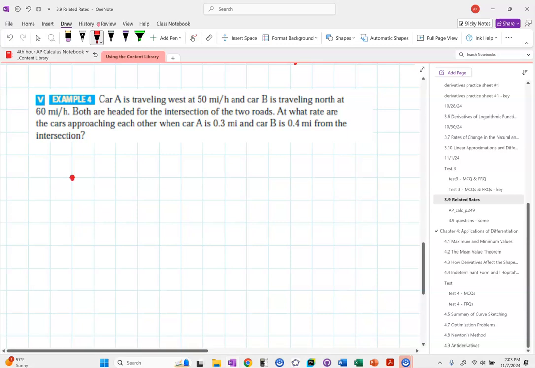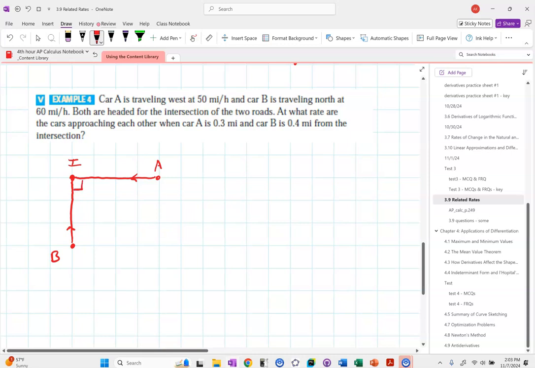So let's try to draw a picture then. Let's call this spot the intersection. So let's say here's car A, and it's heading in that direction. Oops, I'm sorry, this is car B because it's going north. Car A, let's say, is here, and it's heading west. So it's going in that direction.